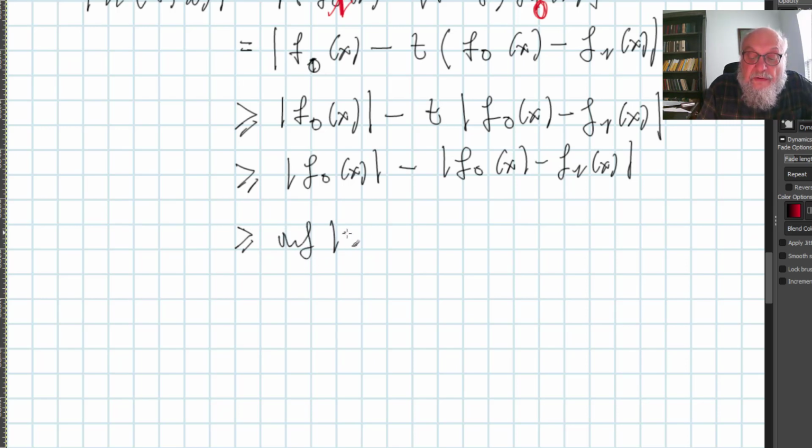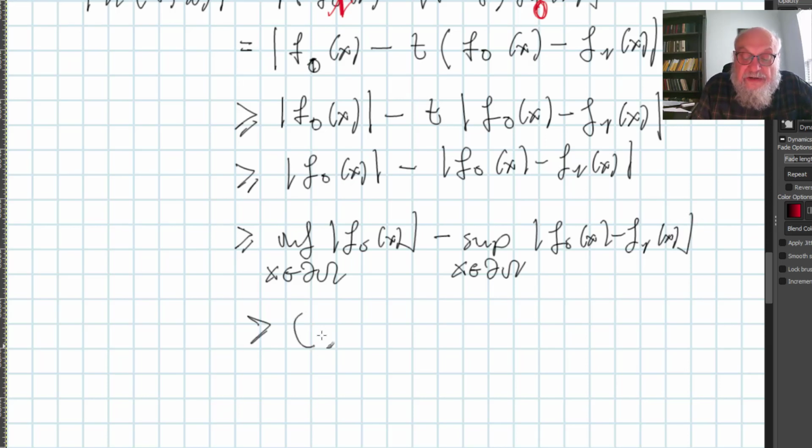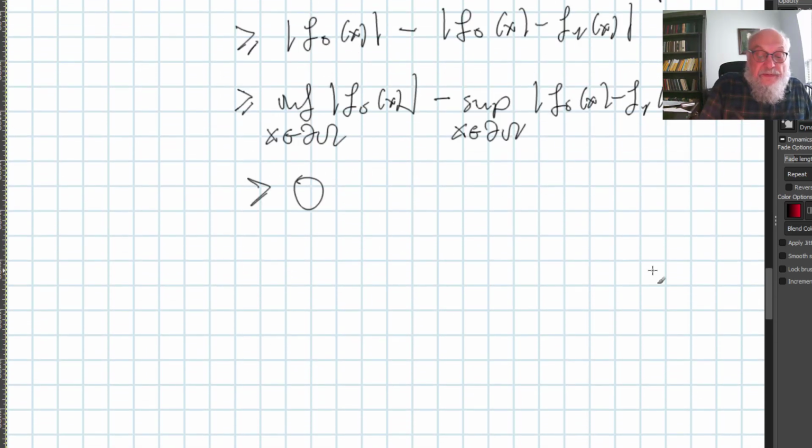And then we are getting here that that one is larger equal again, and this will be infimum of f0 of x, x belongs to the boundary of omega, minus supremum, and this is f0 of x minus f1 of x. And that's our assumption, so it's larger than 0. If it's larger than 0, it cannot be 0.